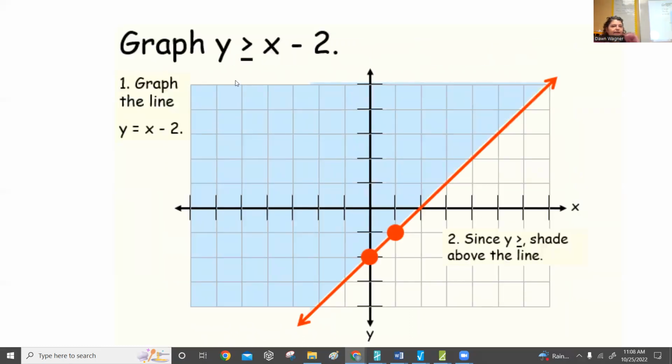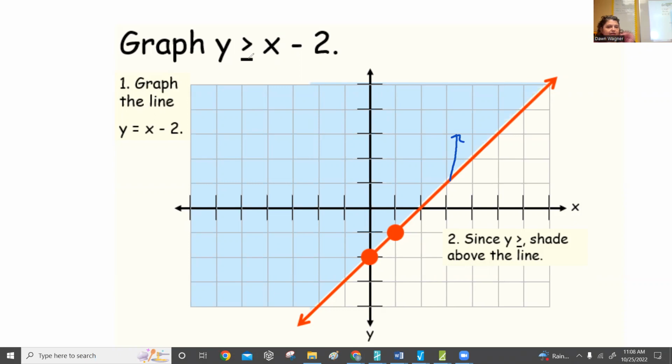So right here, it says y is greater than or equal to x minus 2. Notice, this is a greater than sign. Greater than means I shade above the line. Well, if you put your finger on the line, anywhere on the line, and draw an arrow up, that will tell you which side to shade it on because it was greater than, so I have to shade up. Does that make sense?